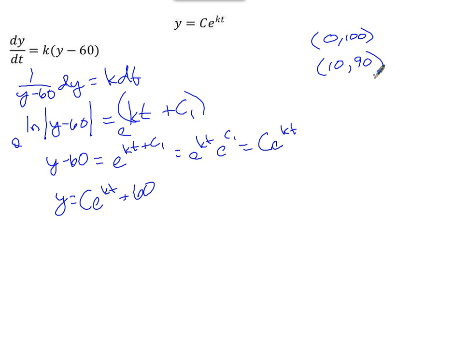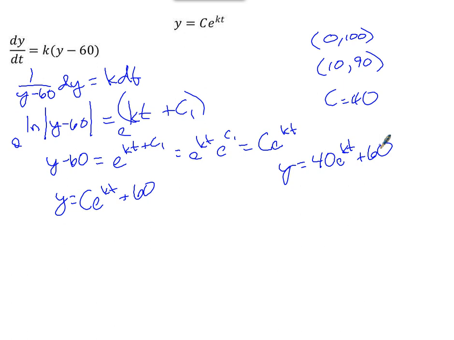If I plug in the 0, 100, this is 0 here, so that's c plus 60 equals 100, which means c equals 40. So now my equation is y equals 40 e to the kt plus 60. Now from here, our goal is going to be to find k.